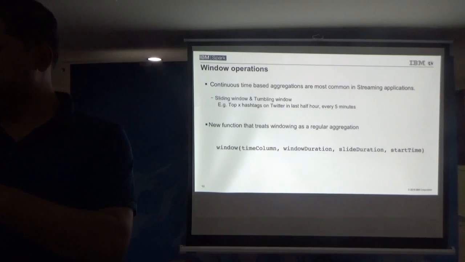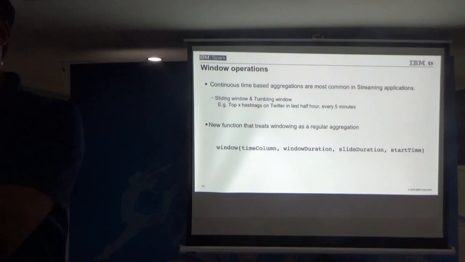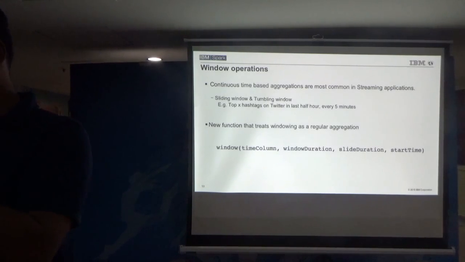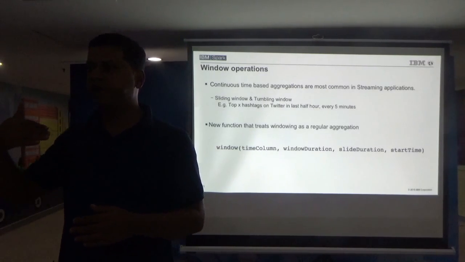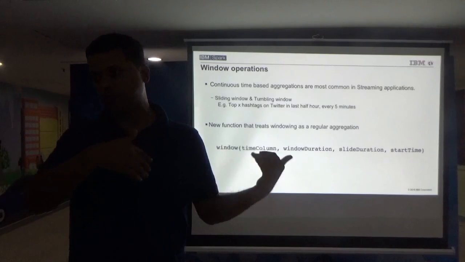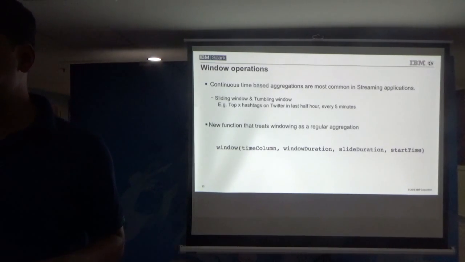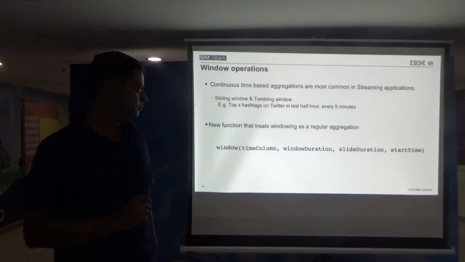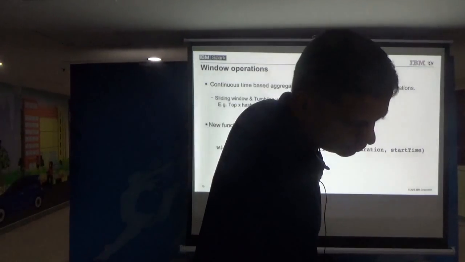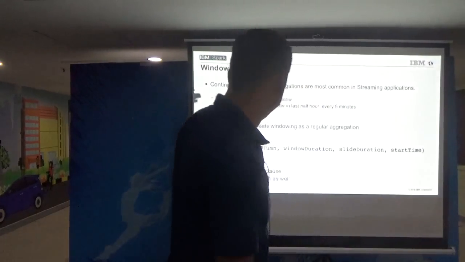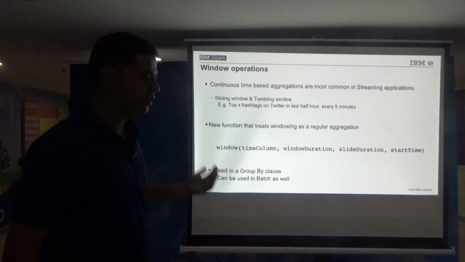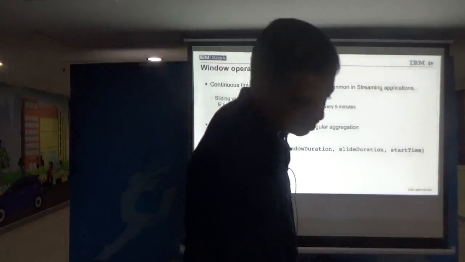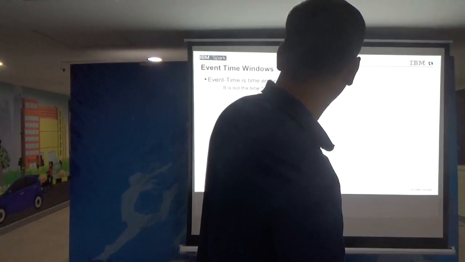So that gets fixed, right? It's not depending on when your application started. Whenever you have data, whether you're doing it on event time or processing time, I'll show you that, your sliding windows are going to be in that period. And the nice part is you use it in a group by clause, the simple way, right? So they have really thought about this.